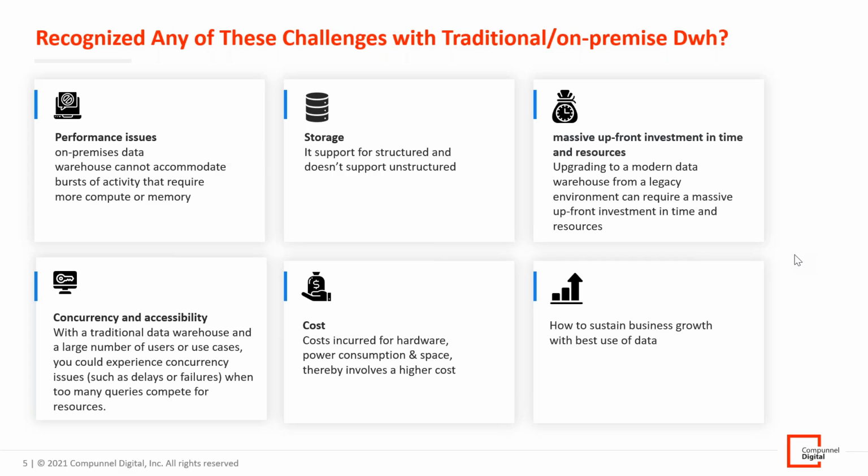The more users are using it, the more queries get triggered and try to pull data from this data warehouse. There is a concurrency and accessibility issue: there are delays to get the data, or sometimes the queries lead to failure. So this is one challenge.